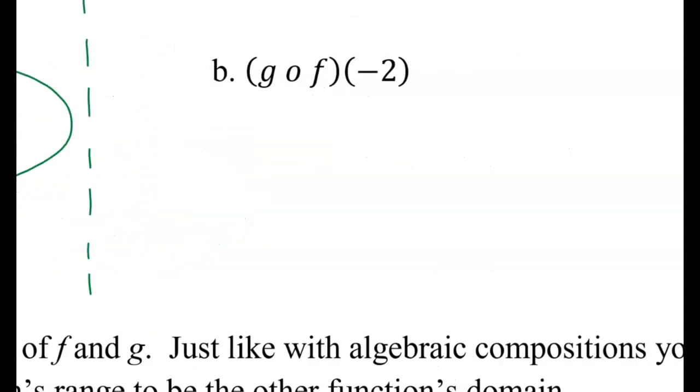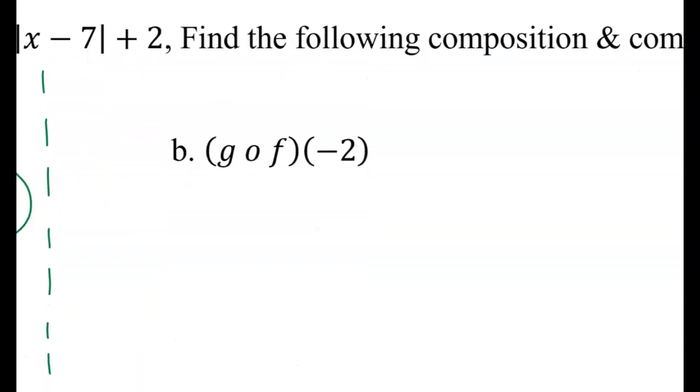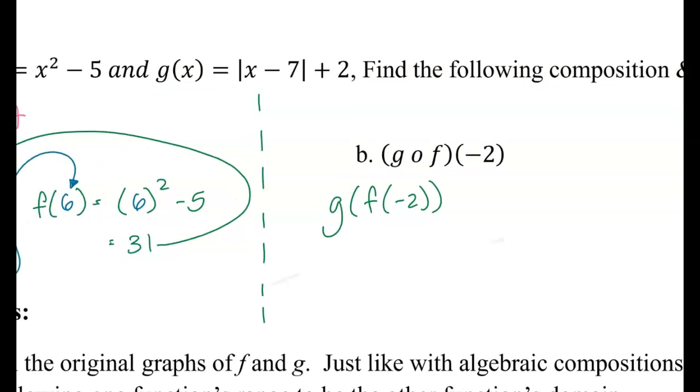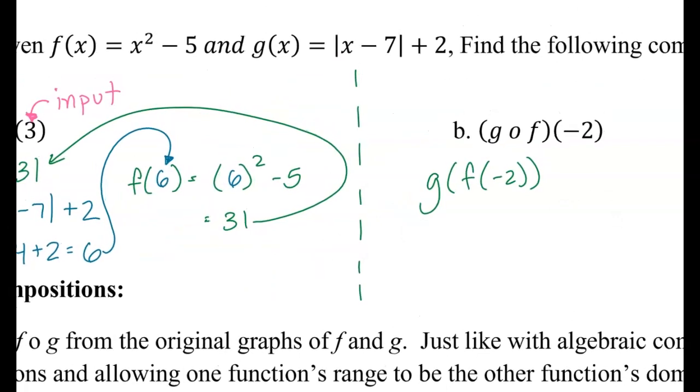Okay. So now I'm inputting negative 2 first. My initial input is negative 2. I'm finding g of f of negative 2. So I'm working the other way now. I'm taking negative 2 and inputting it into f of x first.